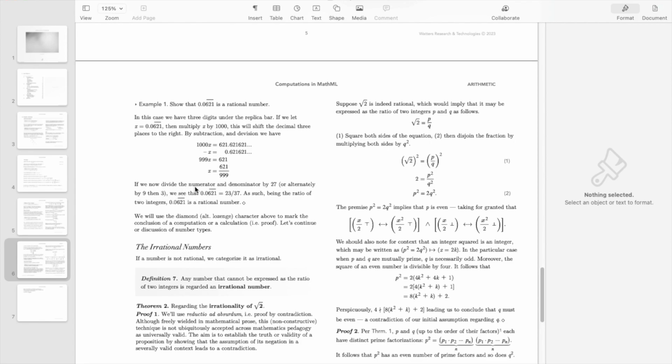So if we now divide, and this is the solution that the textbook offers, if we now divide the numerator and the denominator by 27, or alternately by 9 and 3, we see that, in fact, 0.0 repeating 621 equals 23 over 37, right?